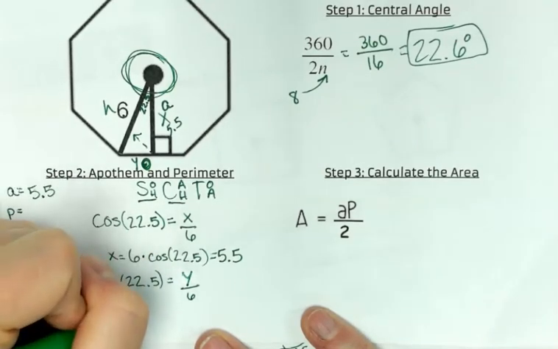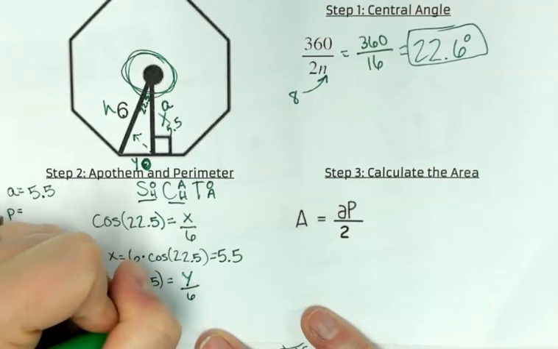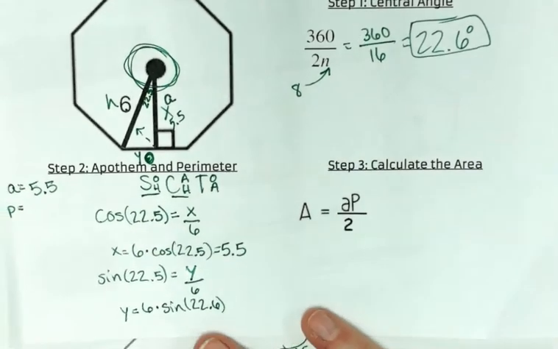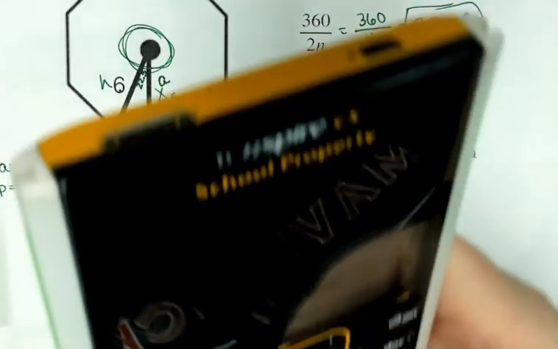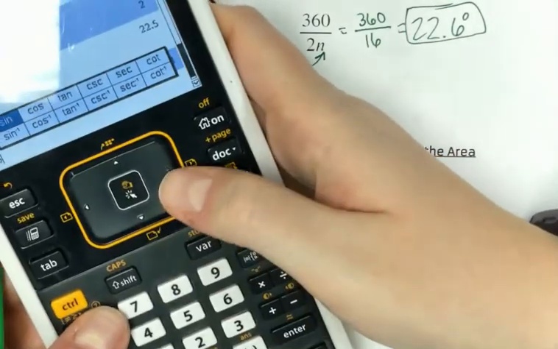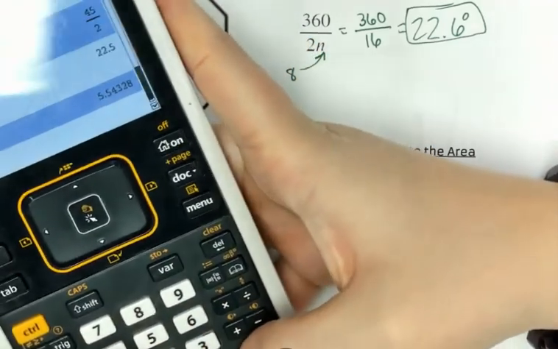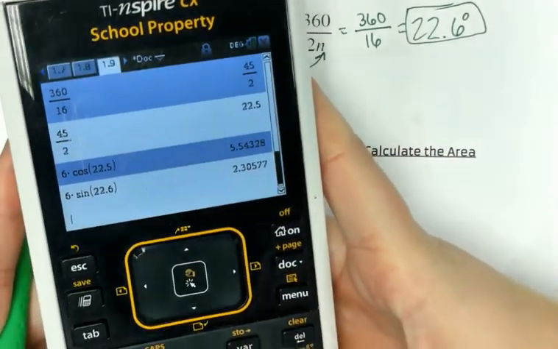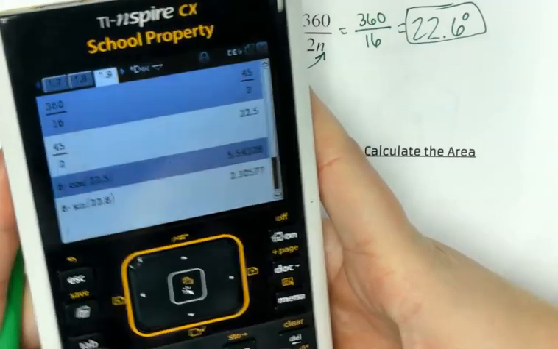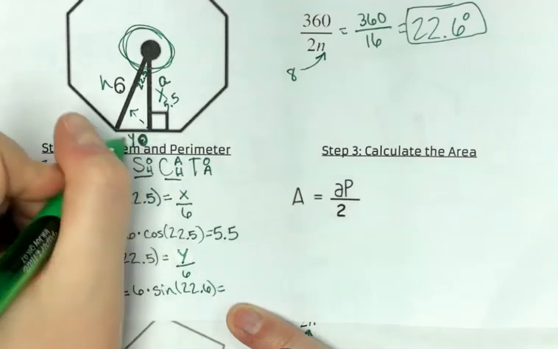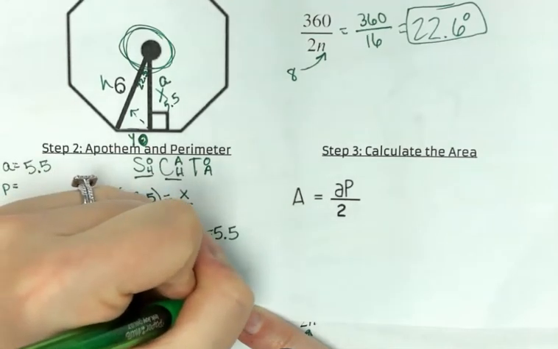And then we will just multiply 6 times sine of 22.5. So for this side length, you get 2.3.